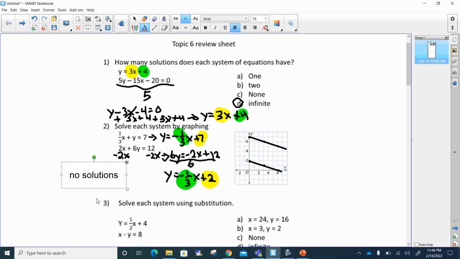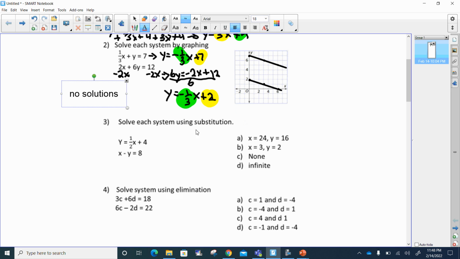All right, let's go to number 3. Solve the system by using substitution. Substitution means taking one of these and substituting for the other. Over here, we already know that y equals 1/2 x plus 4. So we already know what y is.